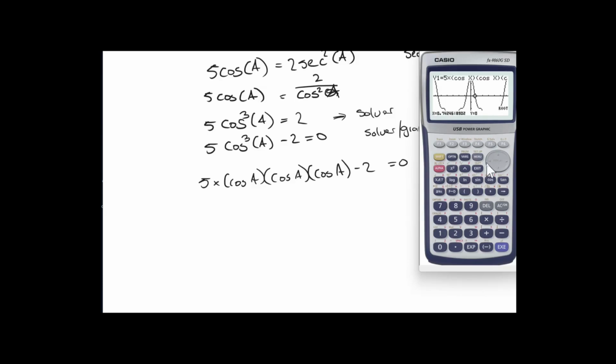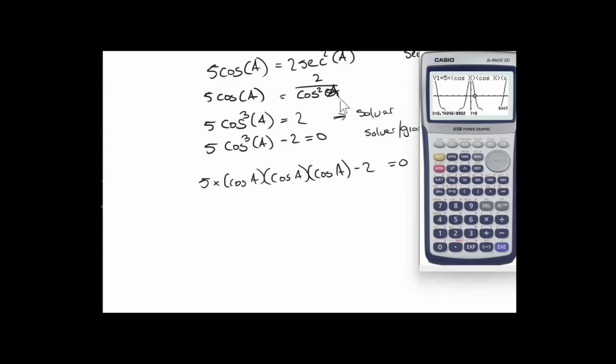We can't have negative values, so this must be the one that we're looking for, 0.4246189, and this one here is going to be too far along. It must be this one. This is more than 2 pi. So A is 0.74246 radians. Remember, this is in radian mode.